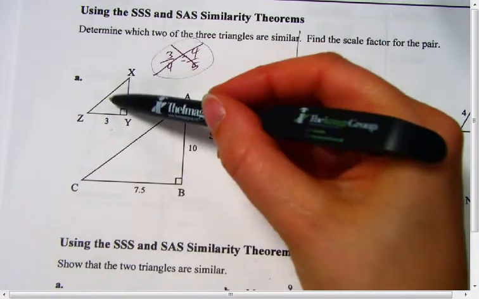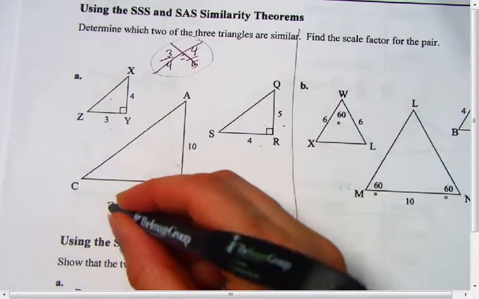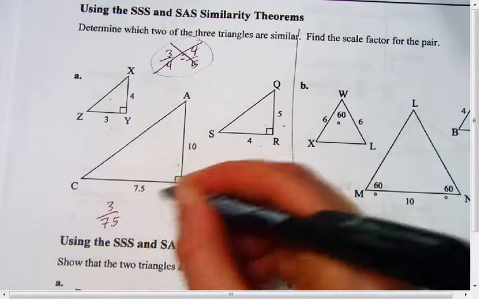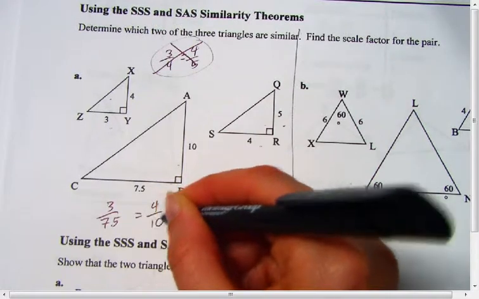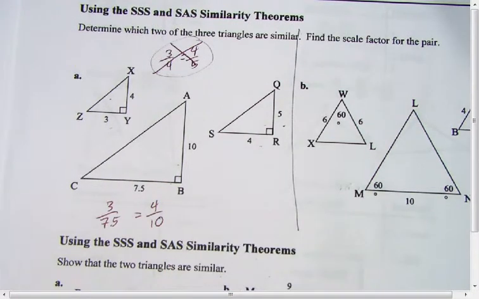Okay, let's try these 2. Are these similar to each other? Is 3 over 7.5 equal to 4 over 10? 3 divided by 7.5 and 4 divided by 10. Yep.